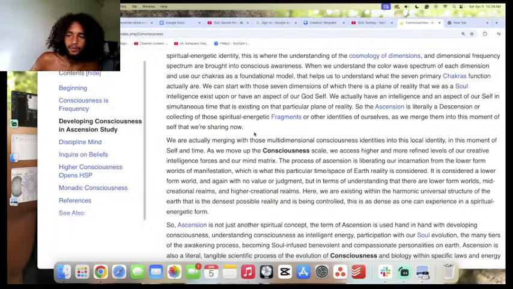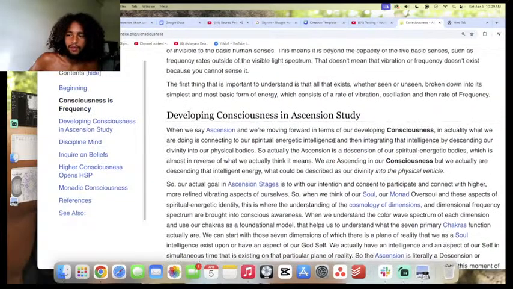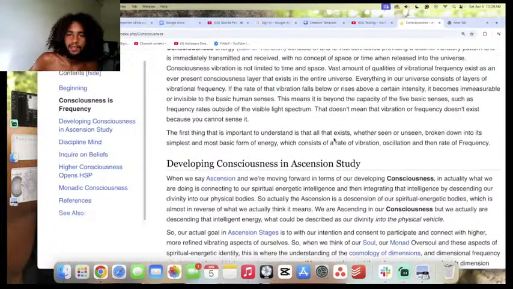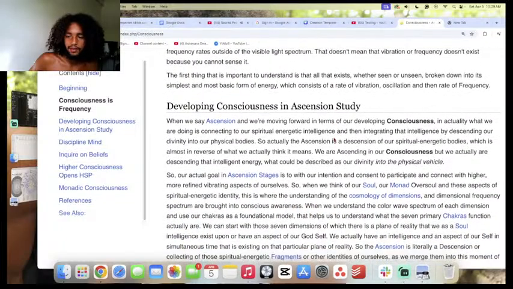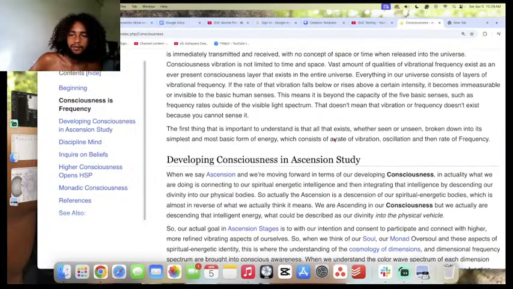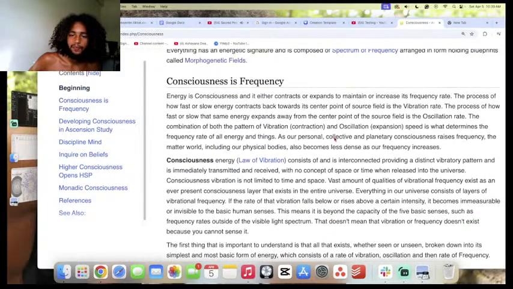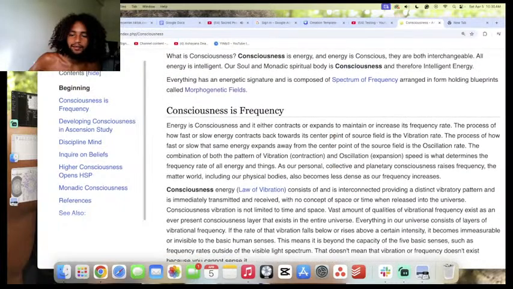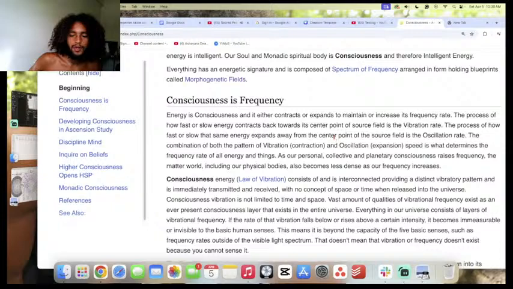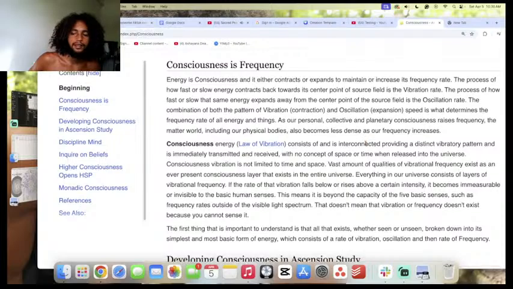It's like what they said, all the information is transmitted and received immediately, without the concept of space and time, right? It's like you already have everything you need, bro. You already have everything you are, without the concept of space and time, because you're interconnected to everything.